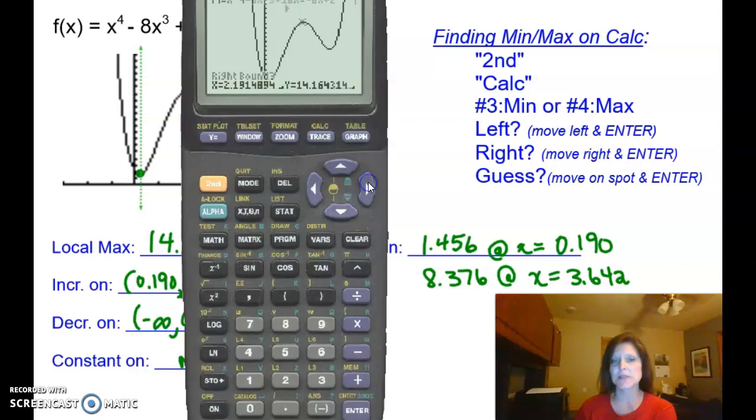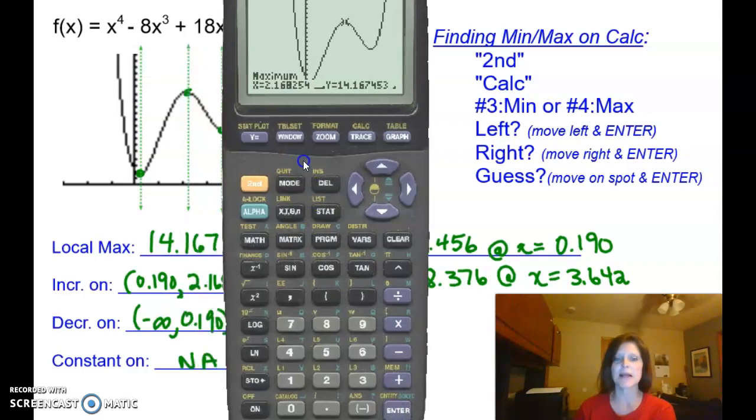There's no magic position to be in. As long as you know you've cleared it and are on the right side, you can hit enter to mark that. So now the calculator knows it's going to be finding a maximum somewhere between those two marked points. The final question is always guess. So we're going to guess I'm close to the top of the hill there and hit enter.